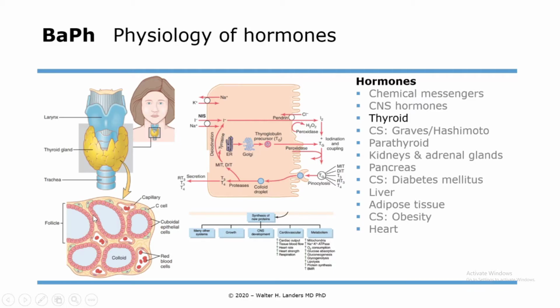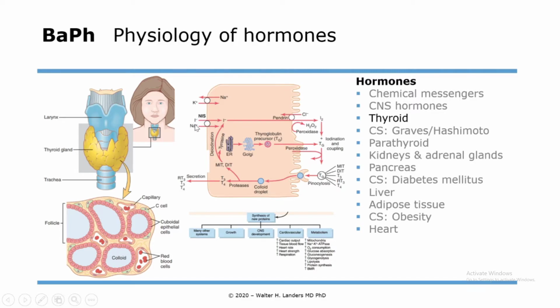And the reason why this is so important is because of the following. You can see over here on the right, this is a cell. This is something called a cuboidal epithelial cell. And these are the cells that separate these follicles from the connective tissue. And what happens is that, as you can see, iodine flows into the cell.